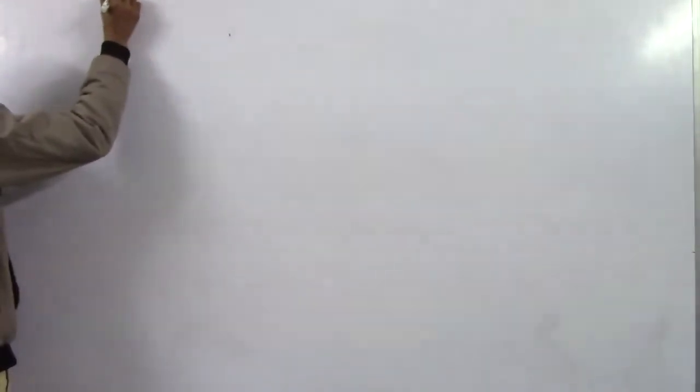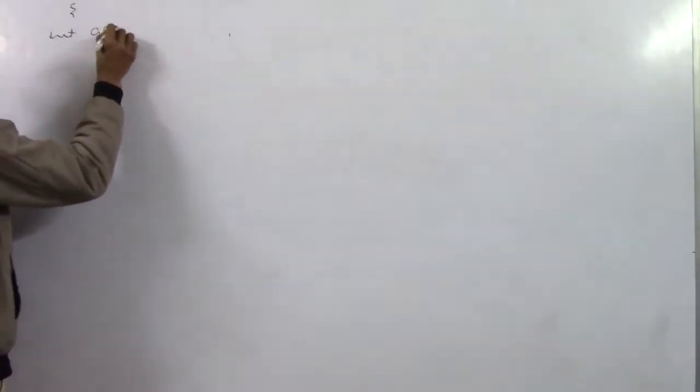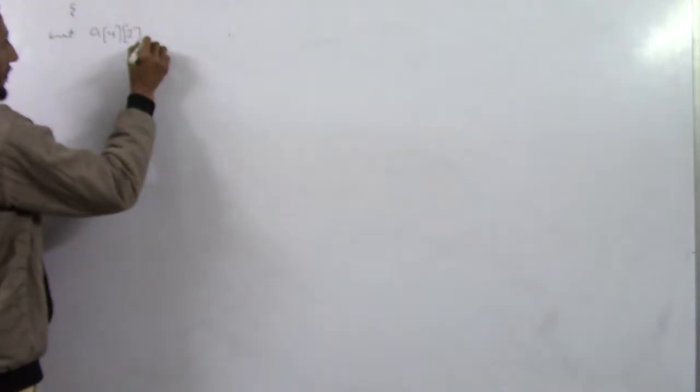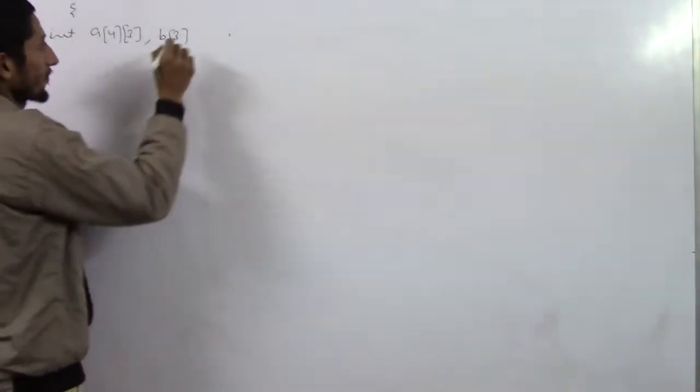So let me design the program. Let's say that is void main, and I have a matrix A, the size is 4 by 3. I have a matrix B, the size is 3 by 4.